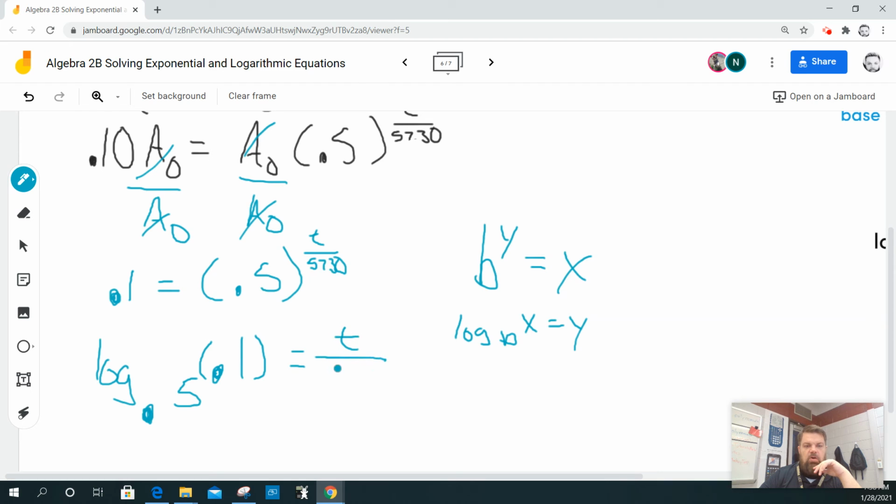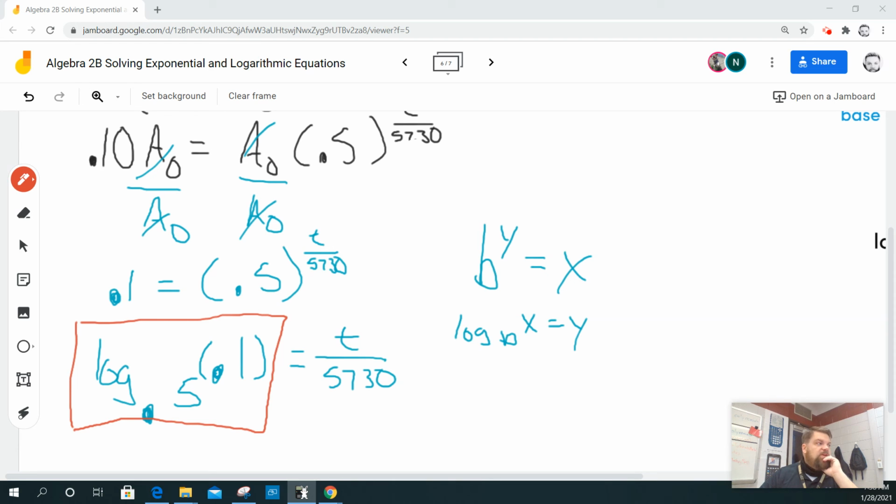T over 5,730. Now, that looks confusing, but remember that this thing right here is actually a number, and we can find the value of that number by plugging it into a calculator.